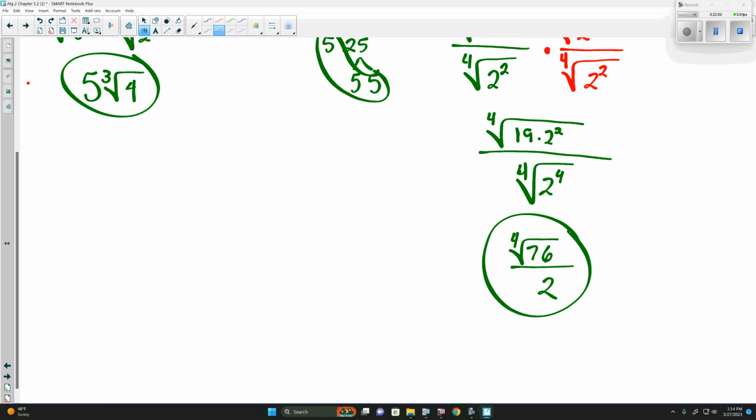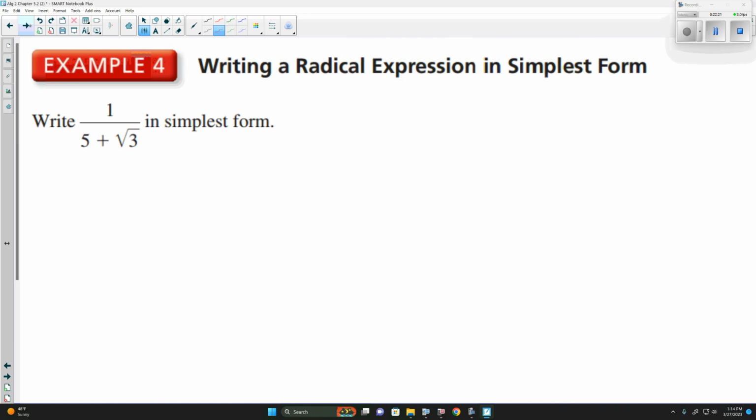And that's it. Questions on any of this here? And again, a lot of this is just manipulating the numbers to make it work so we don't have radicals in the bottom of the fraction, or in simplest form.